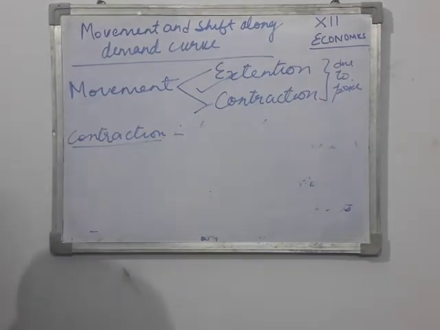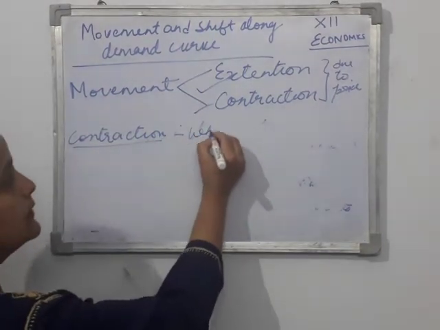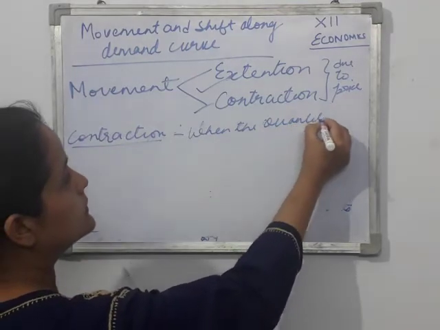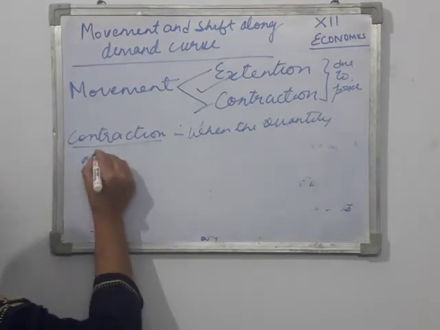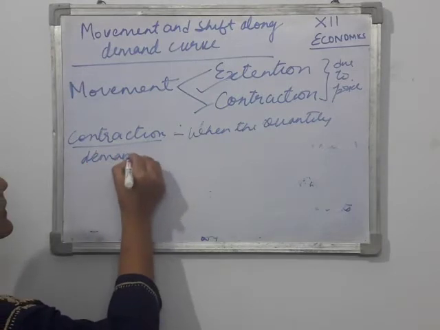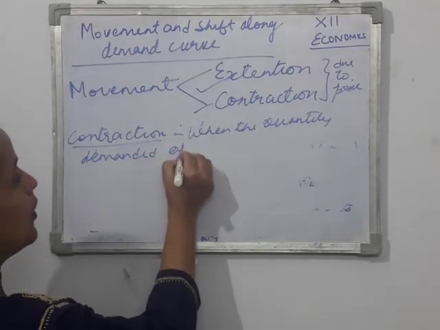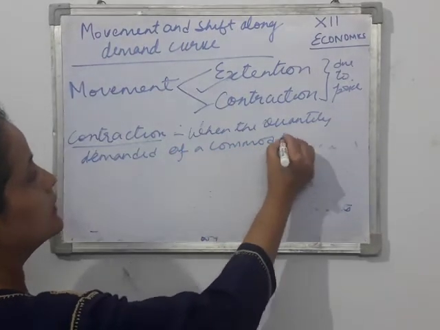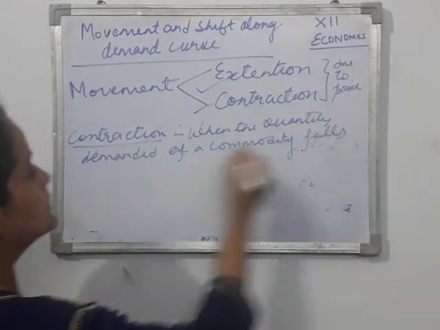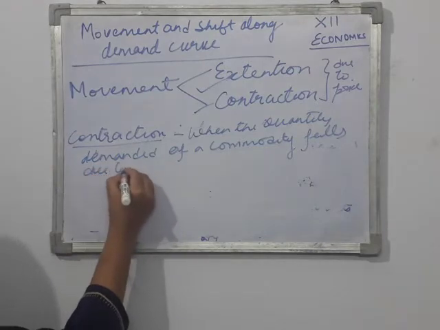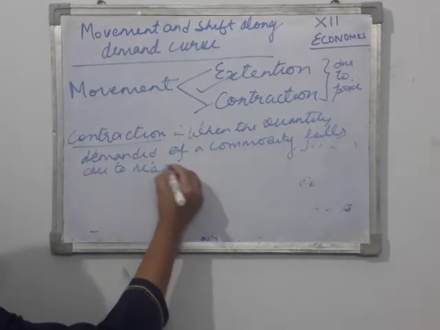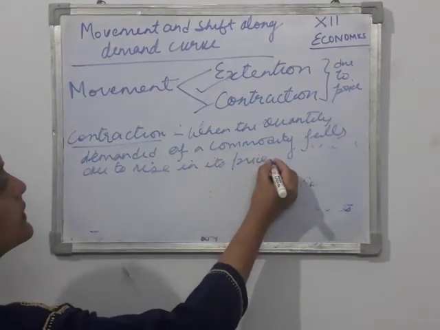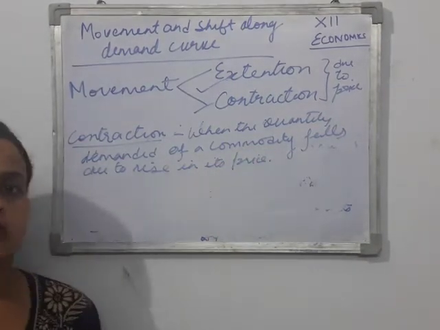Now what is contraction? When the quantity demanded of a commodity falls due to rise in its price, this is known as contraction.